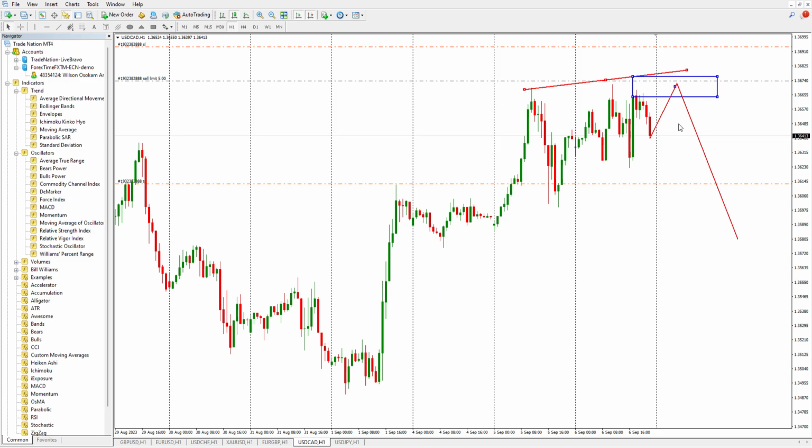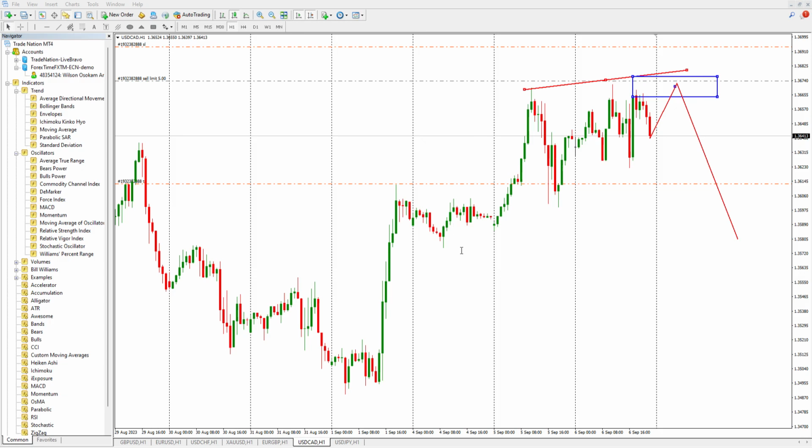Now if the market goes above here, it will peak, but if it doesn't, there's a function that can help you. If you don't like what you did, you can delete the order, and there's also an option to modify the order.